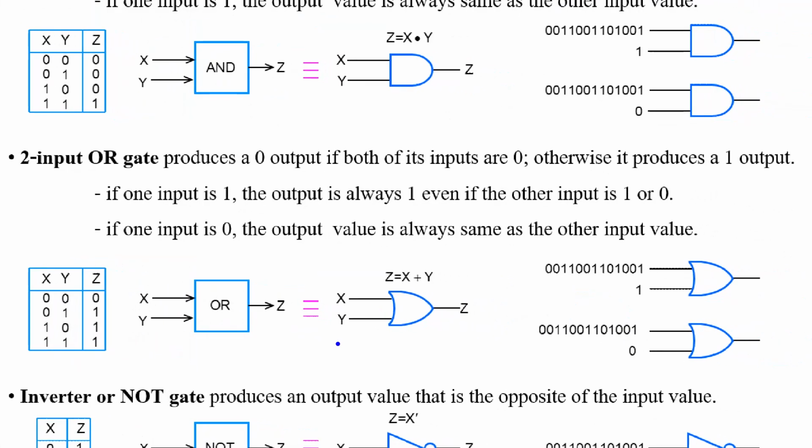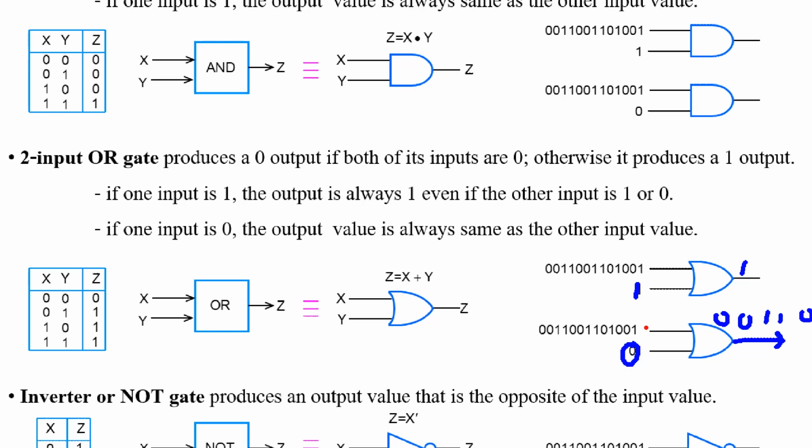For the OR operation, if an input is 1, the output is constant 1. But if you apply constant 0 and change the sequence of the other input, the output should be what? 0 or 0 is 0, 0 or 1 is 1, 0 or 1 is 1, 0 or 0 is 0.